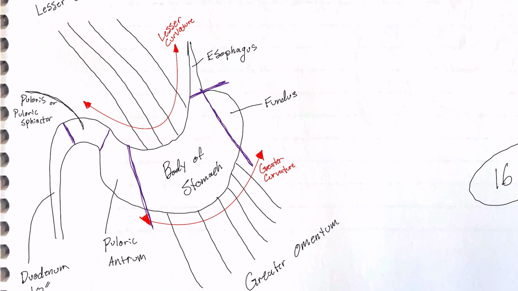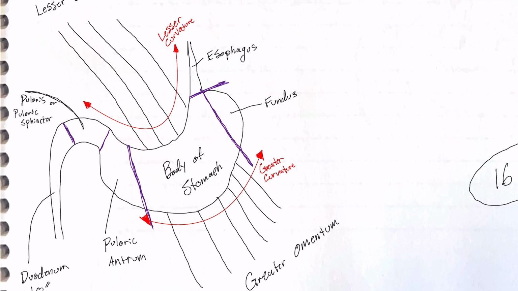So the other part of the stomach that you might want to write down, I don't have it written in, is that there's three muscles, three of them, that make up the layers of the stomach. You have a longitudinal layer, which is the outermost layer.